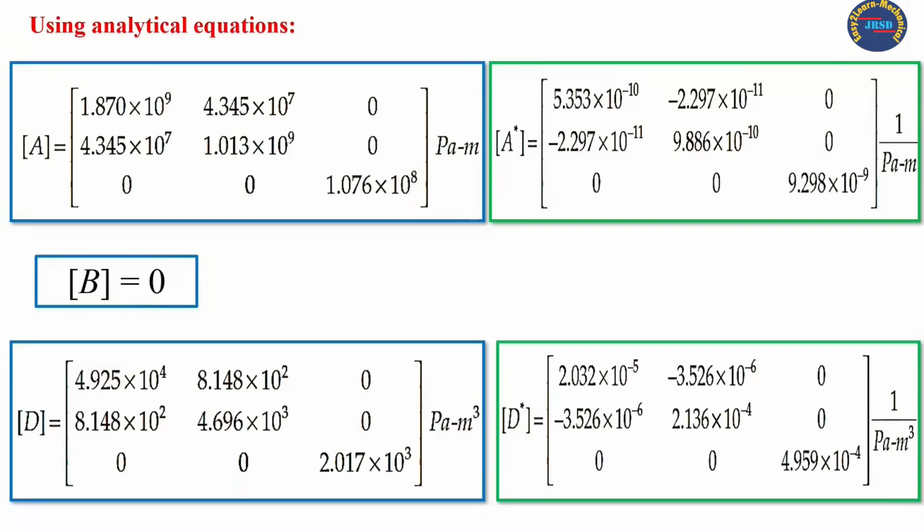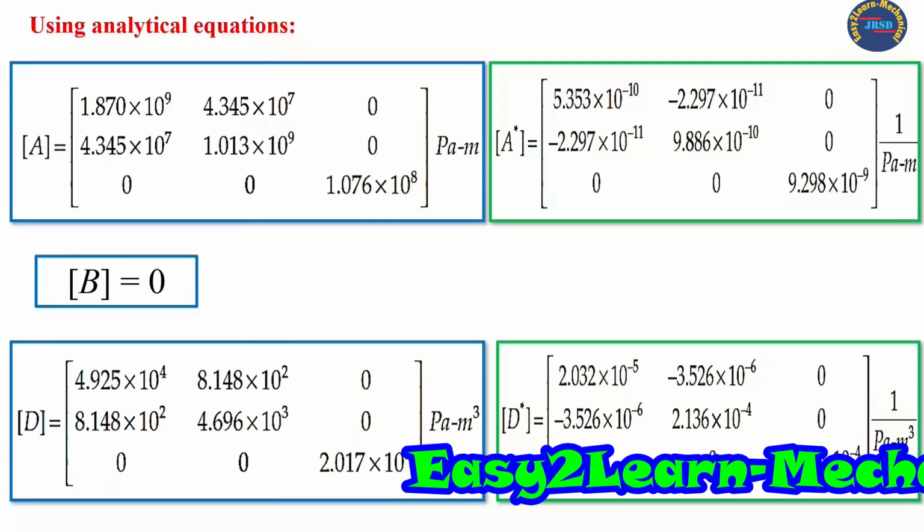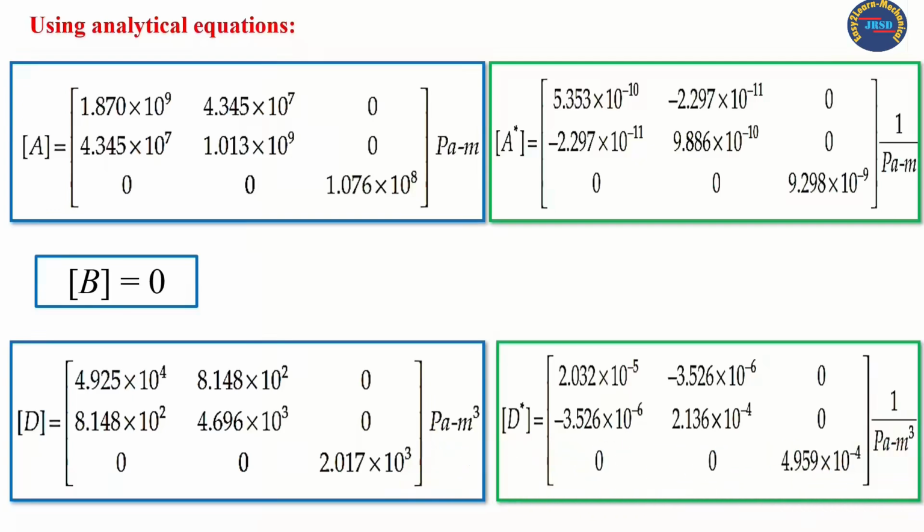By using the analytical equations, we can find the A matrix and D matrix. Since the laminate is symmetric, we have to keep in mind that the B matrix should be 0. On the right side, we can call it the extensional compliance matrix, that is A star, and the bending compliance matrix, that is D star.